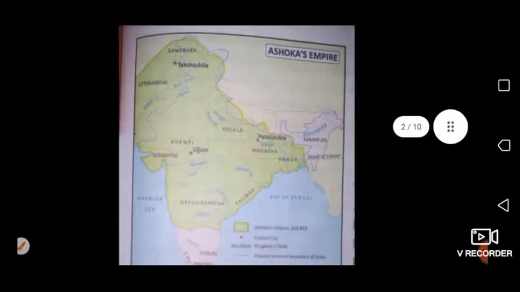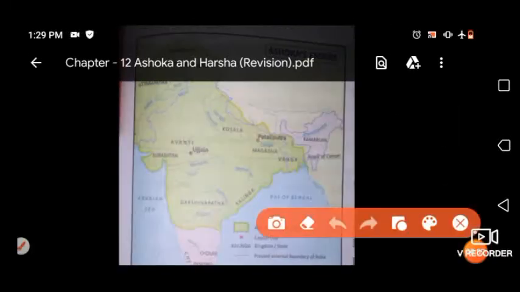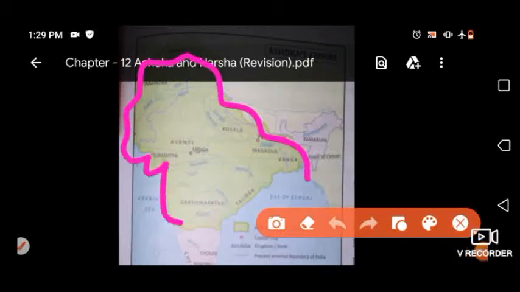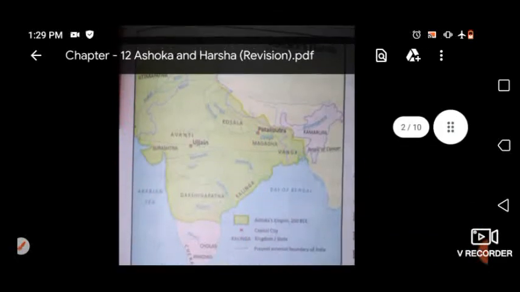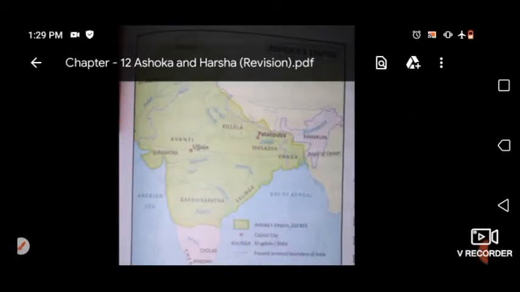As you can see, this green part on the map of India was the empire of Ashoka. Ashoka wanted to rule all over India, so he captured all the kingdoms that were his neighbors.